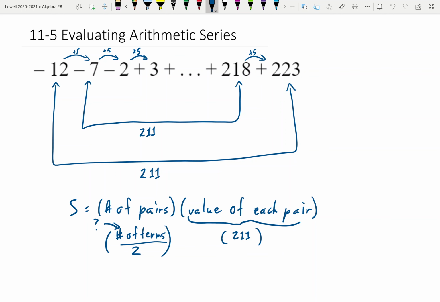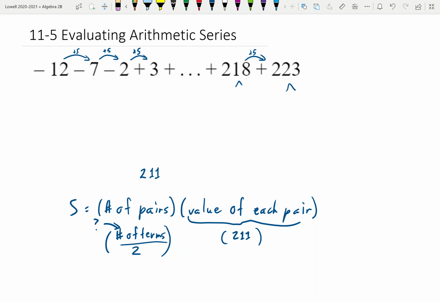So, how many terms are there? Well, we don't know yet, but we could figure it out. I'm going to clean this up a tad. And again, we're going to have to start from somewhere. The easiest way is to just call the first term that you see term number 1. So this negative 12 here, that's going to be A1.